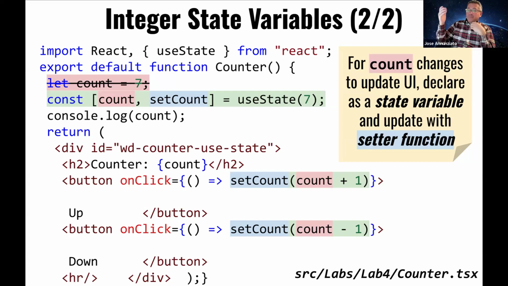Okay. Now, because we are working with count, the naming convention is that you name this as a noun that makes sense to you, that describes the intent of the state variable, and also the setter, also as a naming convention, we use the keyword set followed by a capitalized version of the state variable, okay?